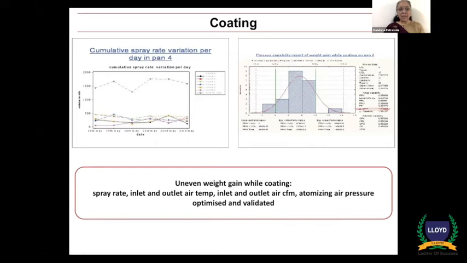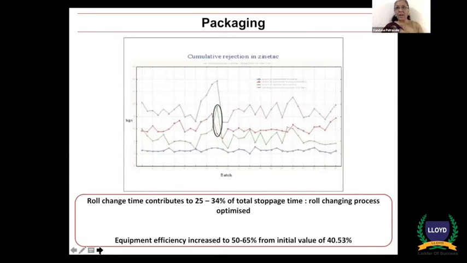And therefore, it was very important that they optimize the spray rate, inlet and outlet air temperature, atomizing air pressure, etc., and validate that so that there is no variation in the spray rate, and therefore the coating thickness doesn't change. If coating thickness doesn't change, you will get the same disintegration, and then you will get the same dissolution and hence the bioavailability. Your end goal is bioavailability.